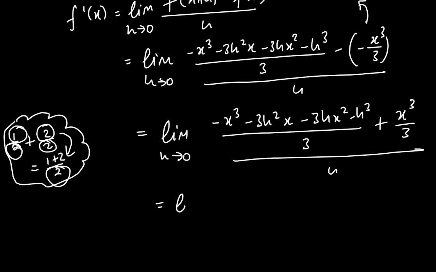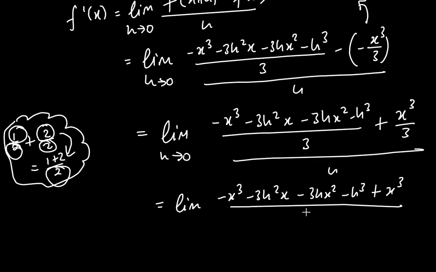So we have the limit of negative x cubed minus 3h squared x minus 3hx squared minus h cubed plus x cubed, all divided by 3 because the denominator is the same. I just took the plus x cubed, you see now it's on top.